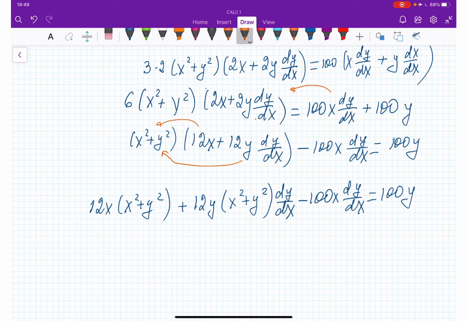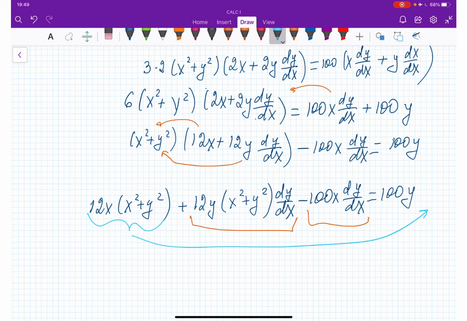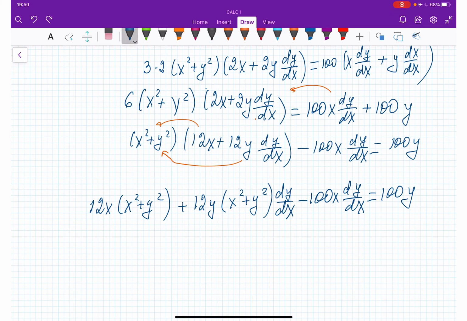Okay, like terms, I mean not like terms, common factor, this and this, right? Which means this 12x, this one, I am moving over. Okay, let's work on it.